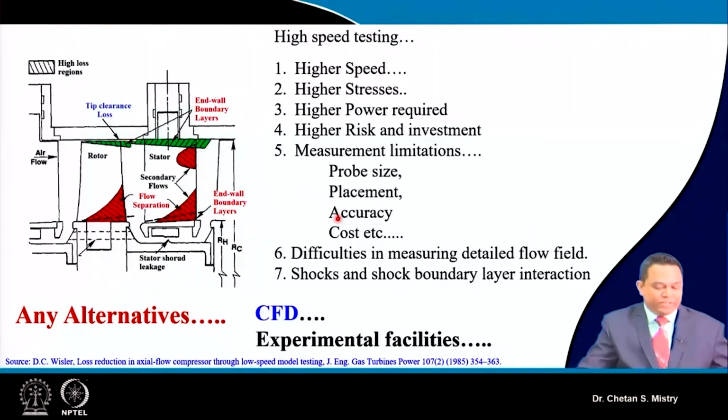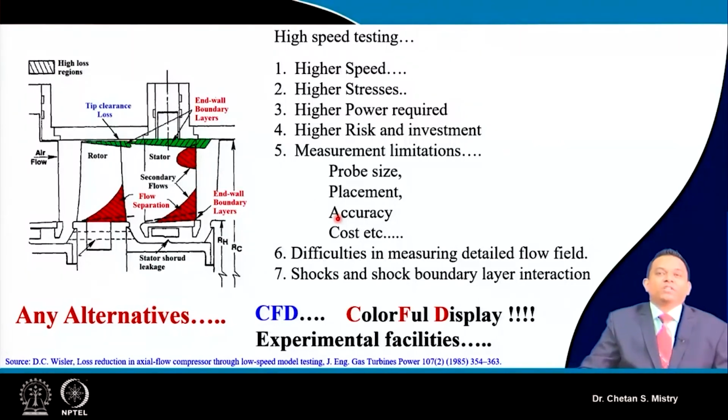When we say CFD, that's more or less a colorful display. Sorry for that, but you can understand, unless and until your CFD simulations are validated with experimentation, that simulation has no value.